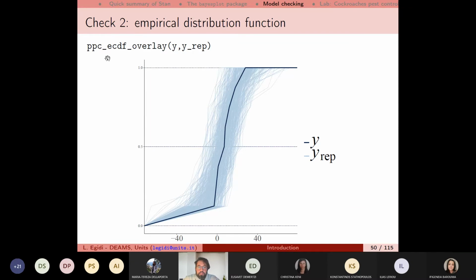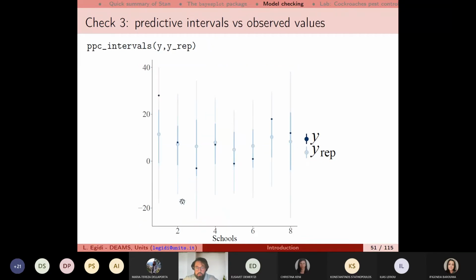This is, for instance, the same, but not for the density, but for the empirical cumulative distribution function. And basically, you can see that, again, the blue line falls within the cloud of the replicated distributions. Then you can also, for each school, retrieve the posterior predictive intervals for the replications.